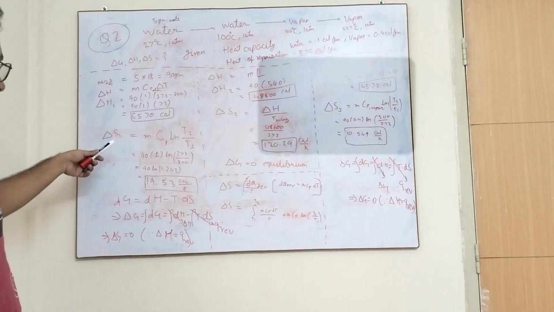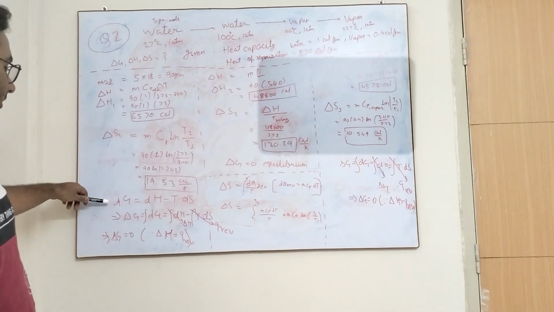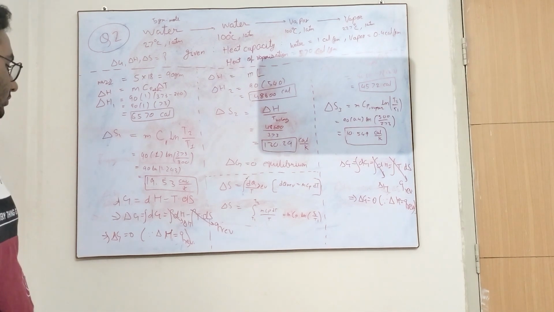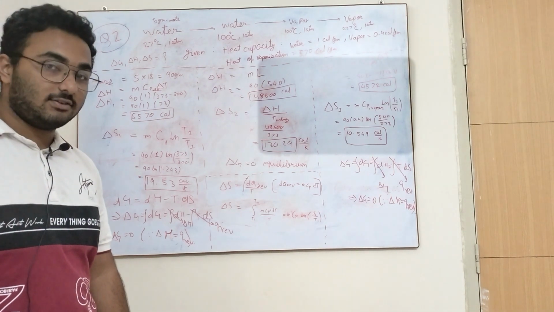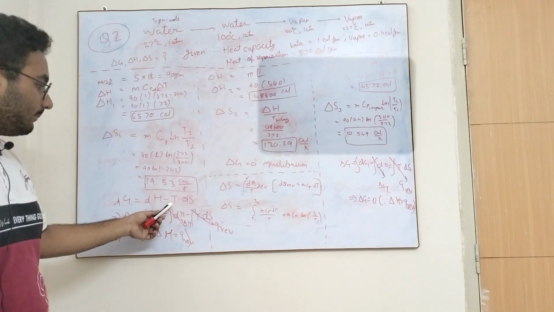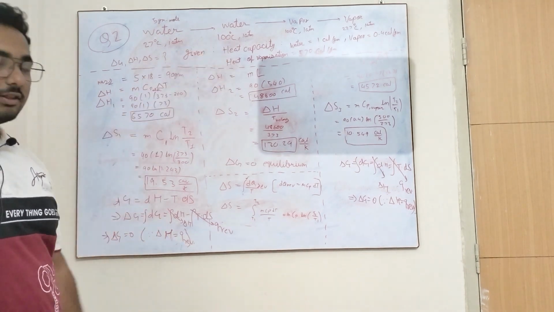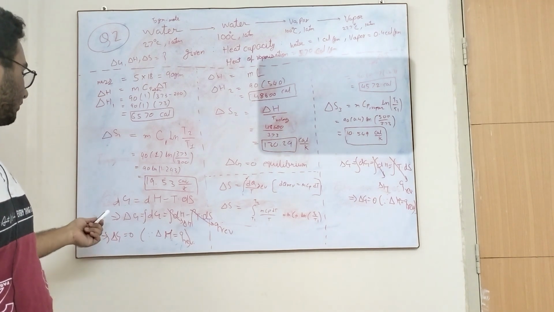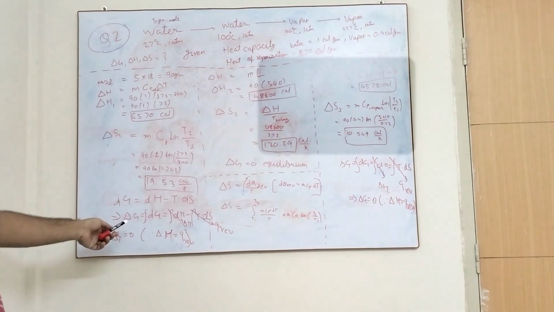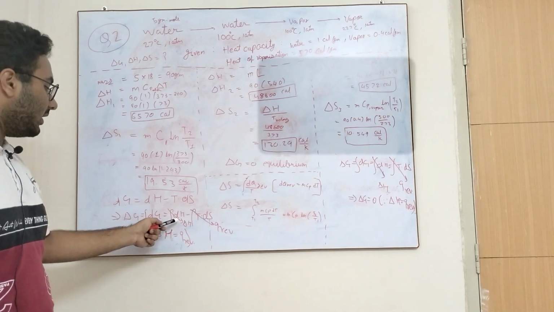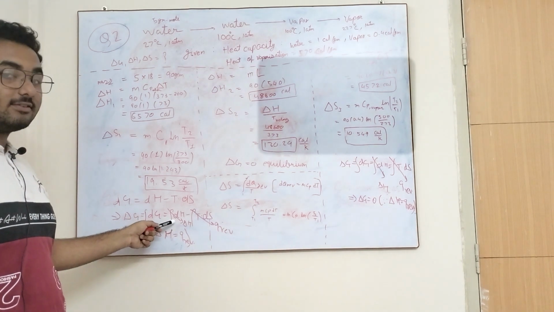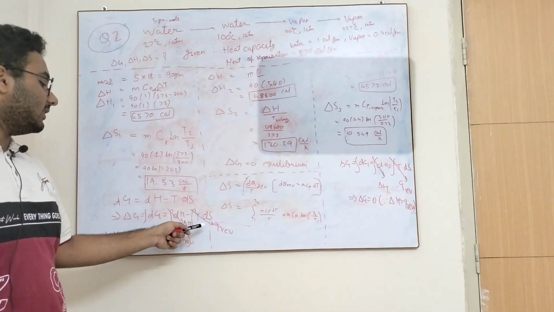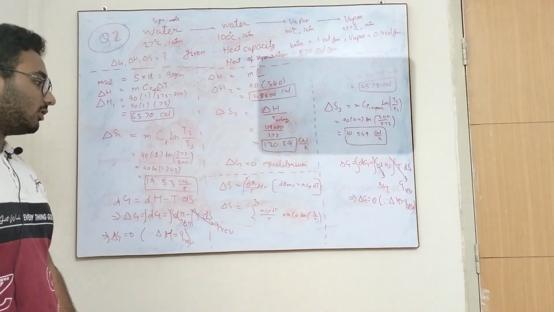Now for delta G, we integrate dG is equal to dH minus T dS. We are doing this because temperature is not constant at every point in the reaction. The temperature is increasing, that's why we use dG here. So now integrating the values, we get delta H, and TdS is equal to Q reversible.